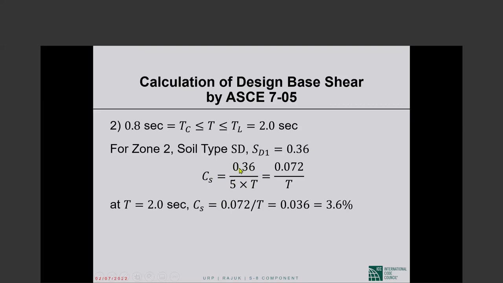S sub D1 is 0.36, R is 5, T is T. So 0.36 divided by 5 gives us 0.072. So at T of 2 seconds, at the end of the descending branch, the C sub S comes to 0.036, exactly the same as under BNBC.